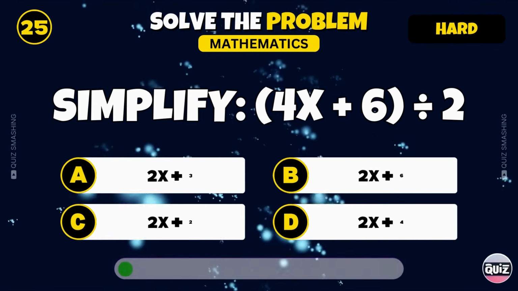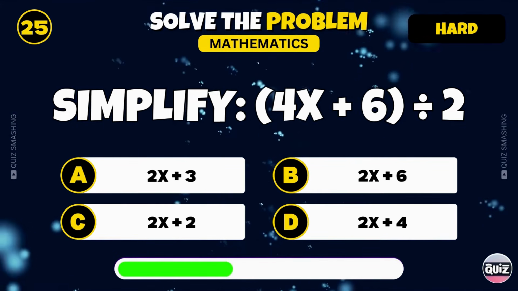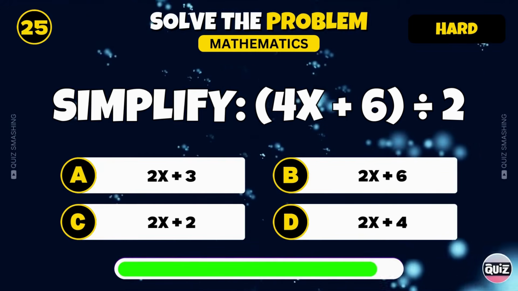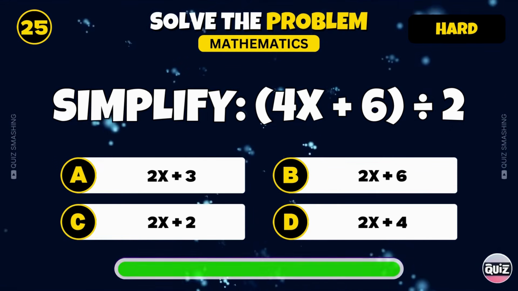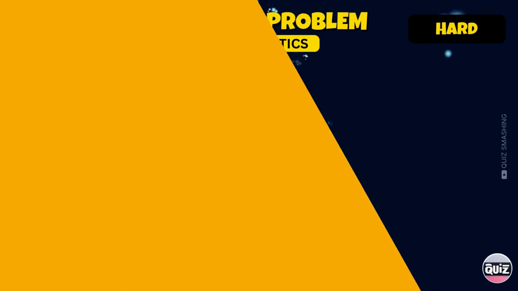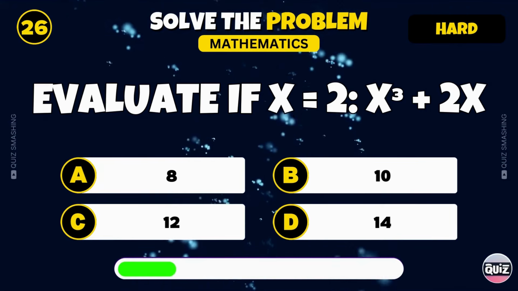Simplify (4x plus 6) divided by 2. That's right. It becomes 2x plus 3. Evaluate when x equals 2, x cubed plus 2x.